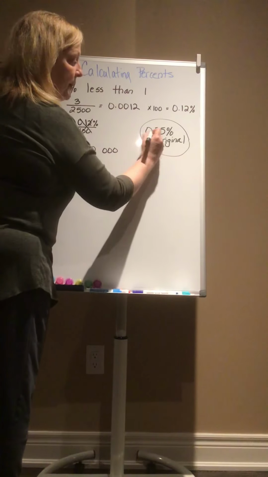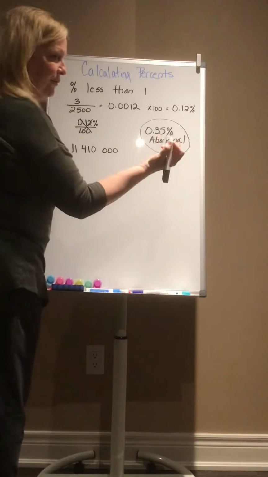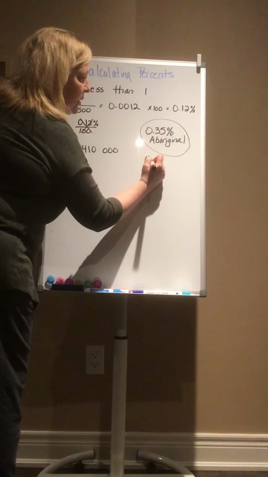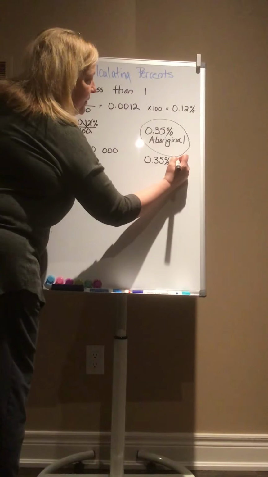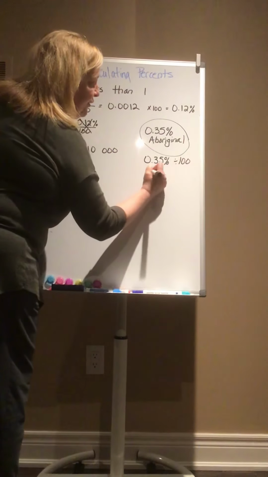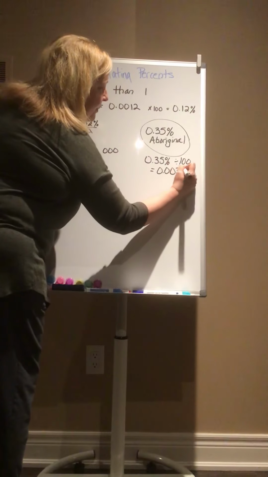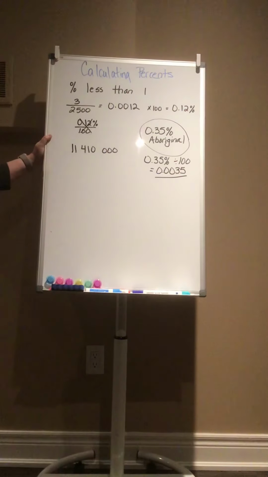If I multiplied by 100 to get the percent, I can divide by 100 to get the decimal. So 0.35% divided by 100 will give me a decimal of 0.0035. That's the correct decimal we need to multiply by.